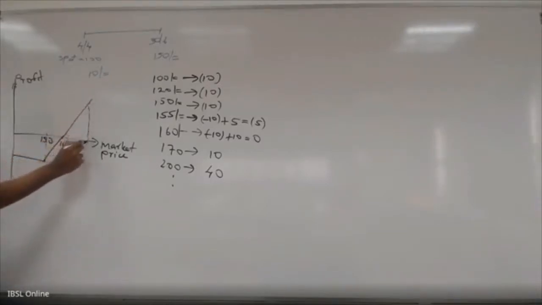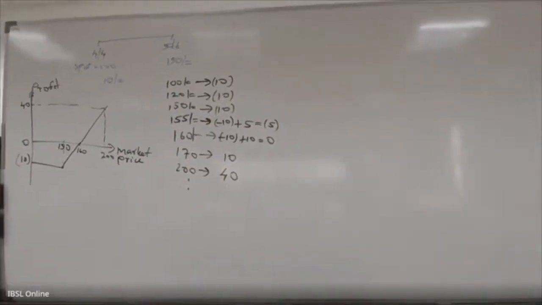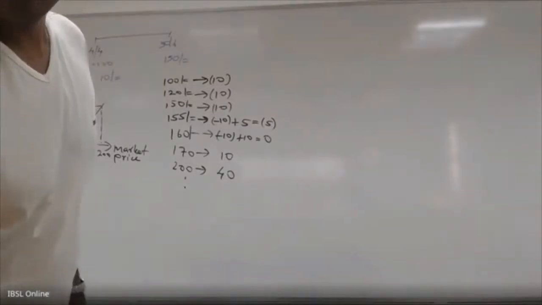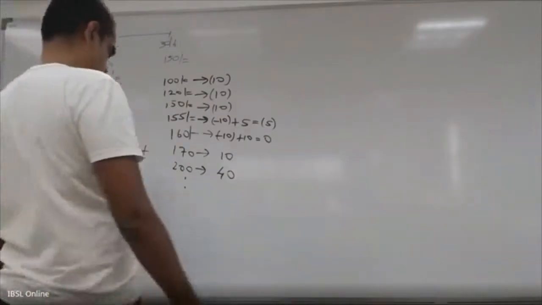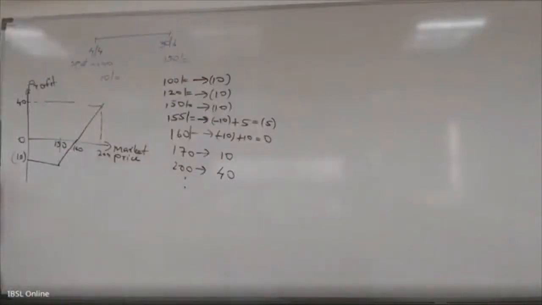And at 200, a bit of what we call, this is not down to scale. Right. Okay, so this is how it works.